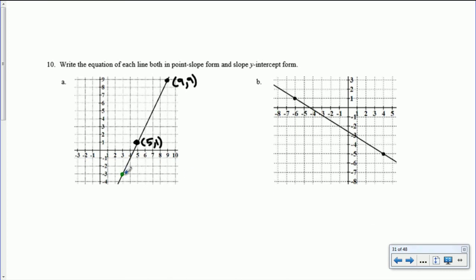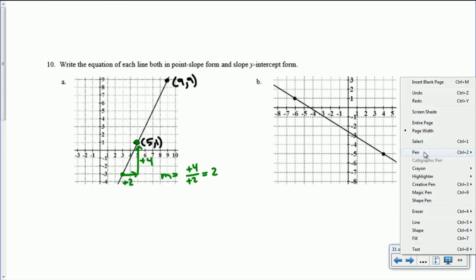If I go from here to here, I need to rise a number of points. So 1, 2, 3, 4, that's plus 4. The run is 2, so the slope is rise over run. That'll be plus 4 over plus 2, so that'll be 2.